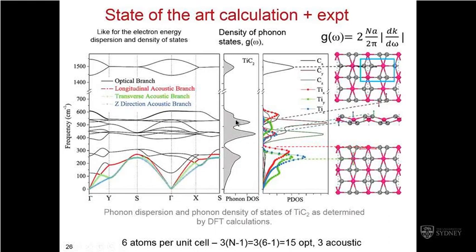And this is the equation that governs it. I didn't bother to derive it, and you don't need to know how to derive it, but you can find it in Ashcroft and Mermin, or in the Oxford Solid State Basics. But I do want to show you that it's formed just like for the electronic structure. Remember, for the electronic structure, we described it as being proportional to the inverse of the gradient of these bands.